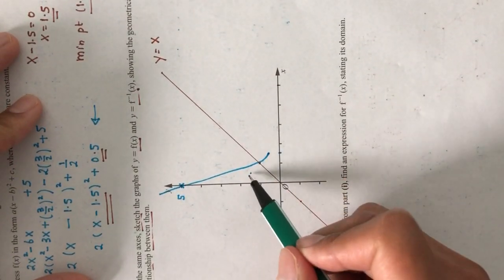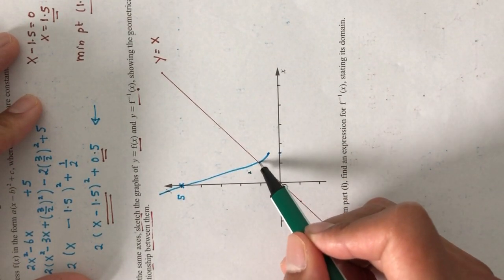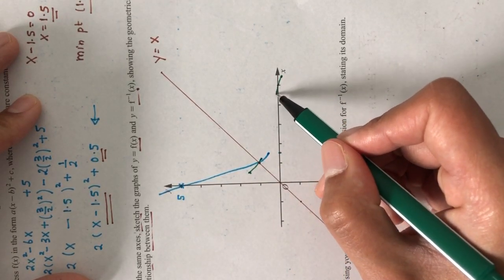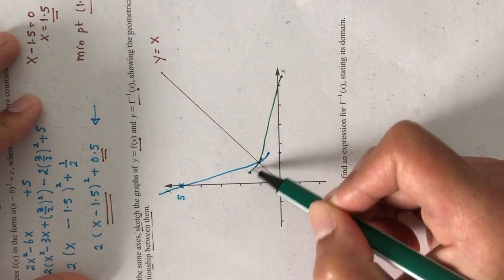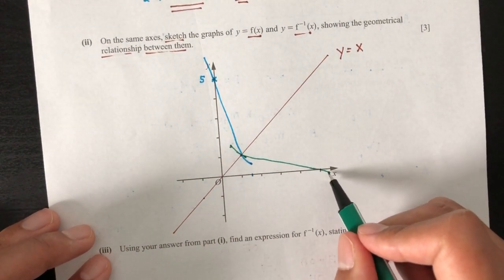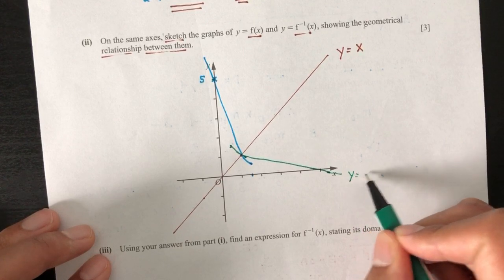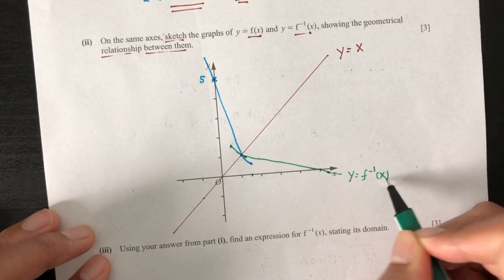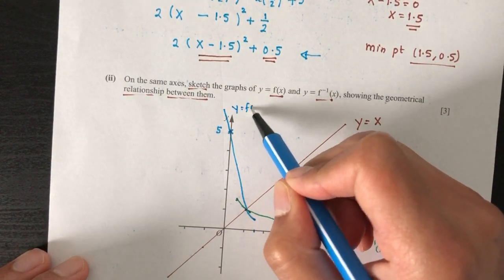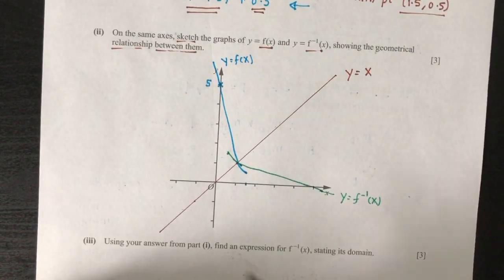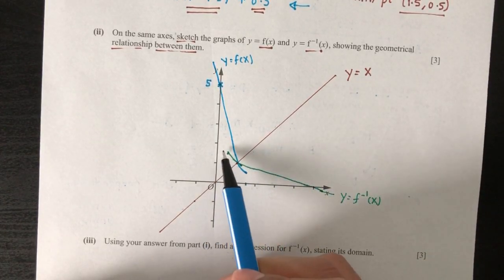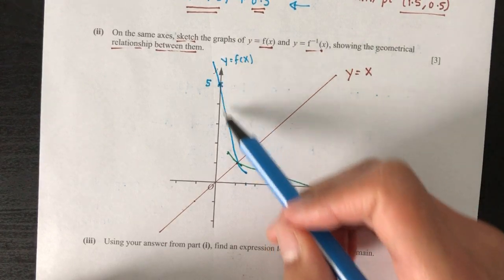It has to cross the same point and has to go, okay, this will be your f inverse. So let's label this. This is y = f⁻¹(x), and this is f(x). So basically we have shown that these two are reflections in this line.